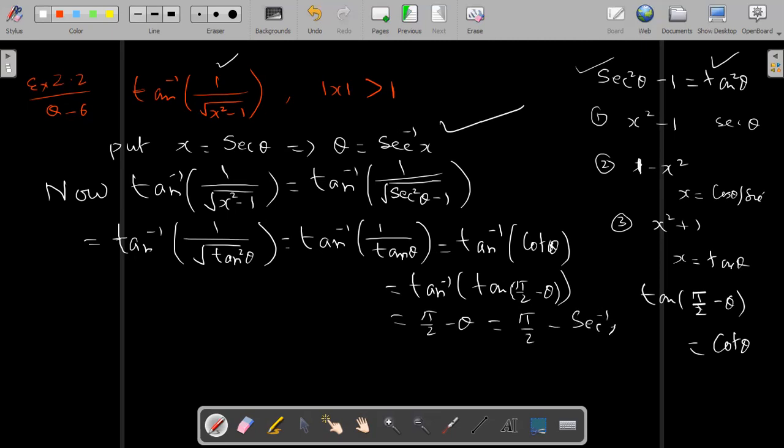It is converted into the simplest form. Therefore, tan inverse 1 by under root x square minus 1 can be written as pi by 2 minus sec inverse x.